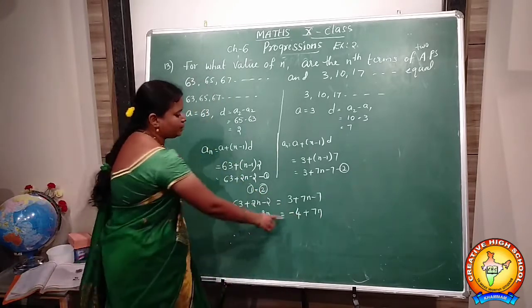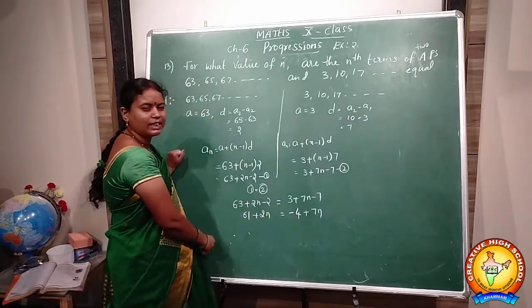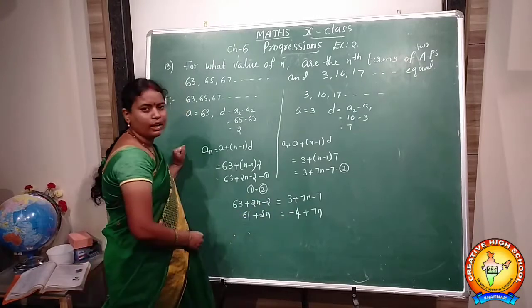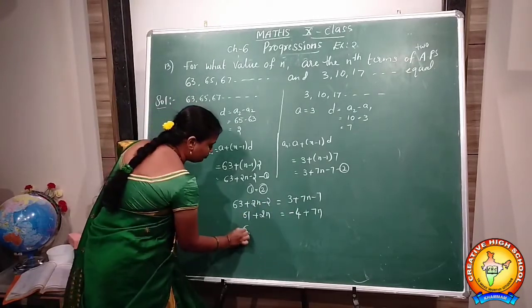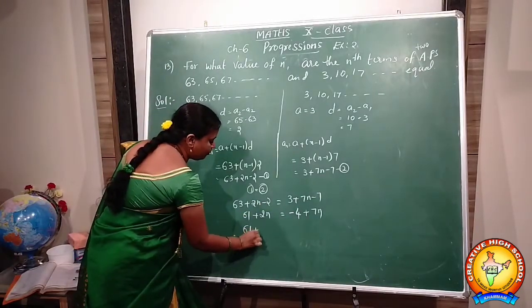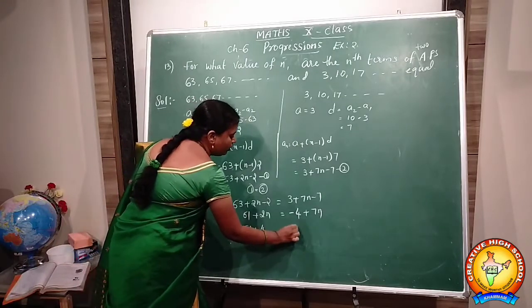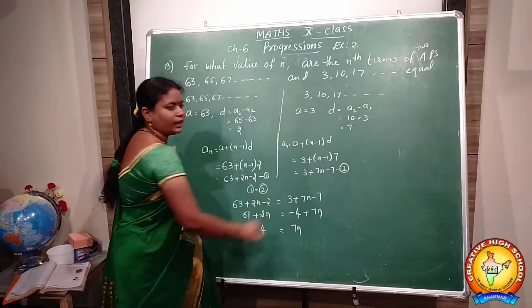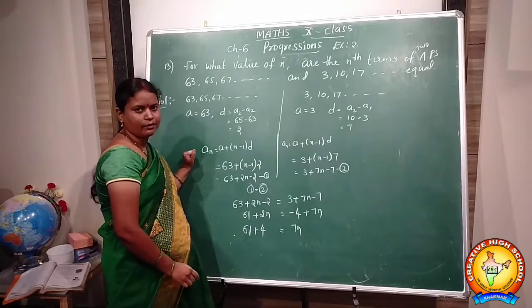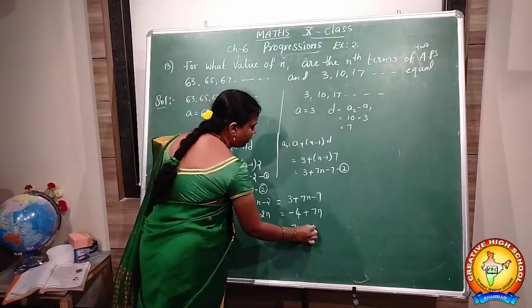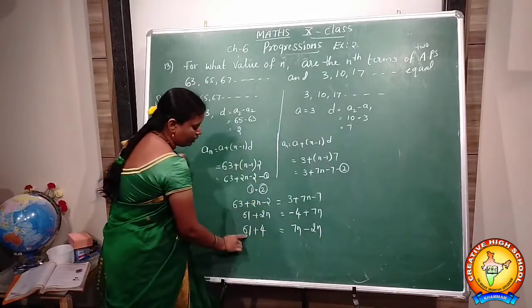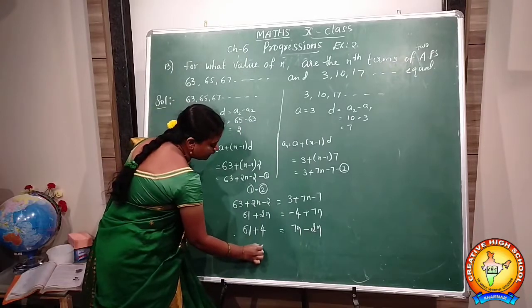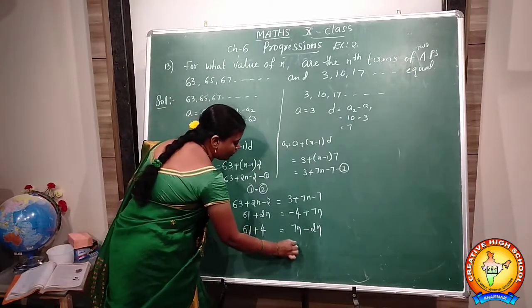If I write minus 4 to the left side of this equal sign, minus 4 becomes plus 4. So 61 plus 4 is equal to 7n minus 2n, since 2n taken to the right side of the equal sign becomes minus 2n. 61 plus 4, that is 65, is equal to 5n.